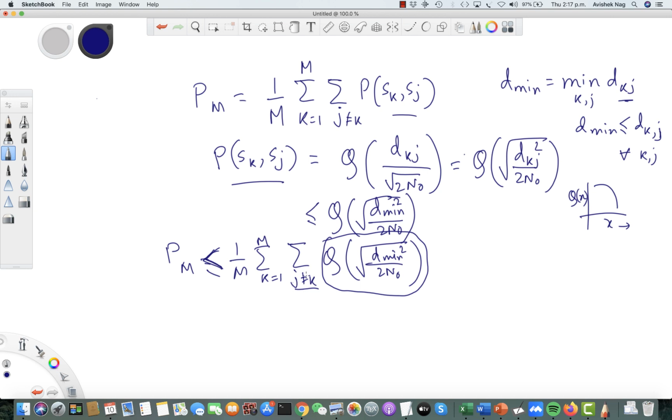It doesn't depend on j and k. But then you are summing it over all k and all j not equal to k. So this sum runs M times M minus 1. So you can write this as 1 over M, and then this entire sum runs over M times M minus 1 of this Q function.